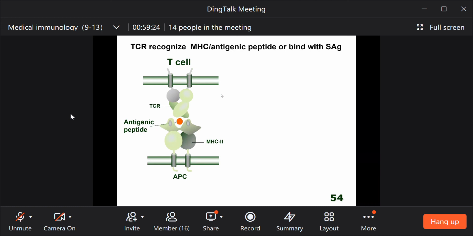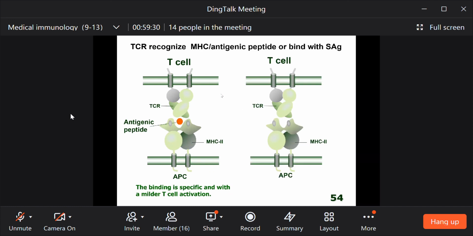But how is the superantigen recognized by the T cell? We show it here. The TCR of the T cell and the MHC class 2 of the APC come close. We can see there's no antigen peptide here, right?